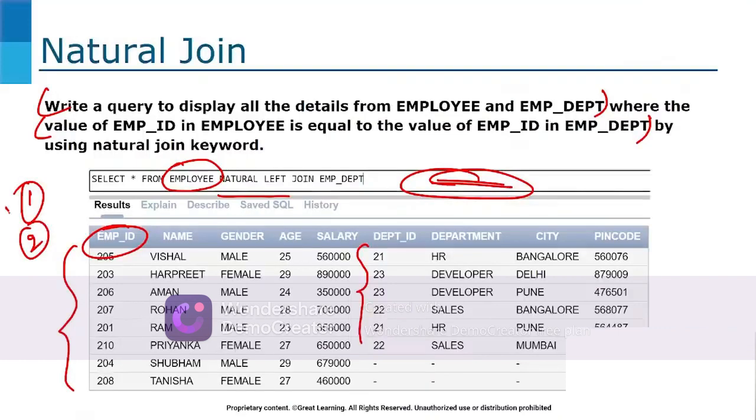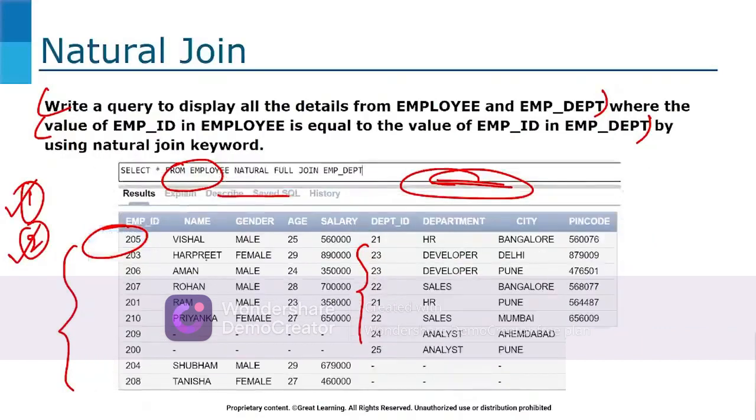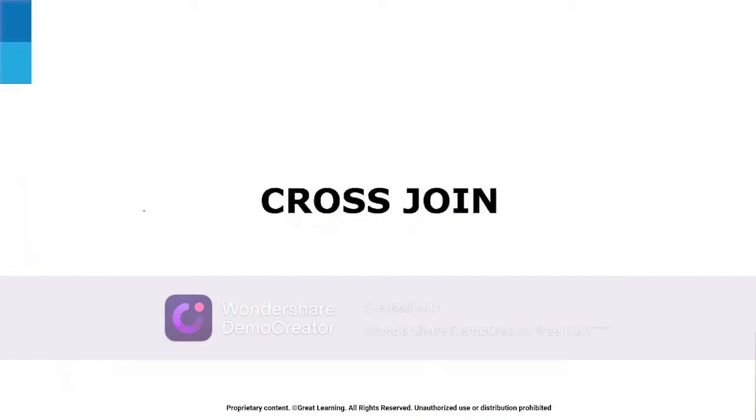So these are the two major benefits of natural join, right? So natural right join, same thing, and natural full join. Can you see? Everything is coming. Every data is coming. 8 data from employee table and 8 data from employee department. But employee ID is only one column, right? So I hope you have understood natural join.